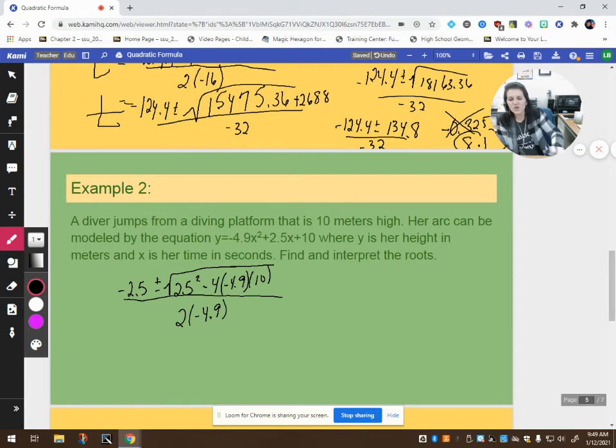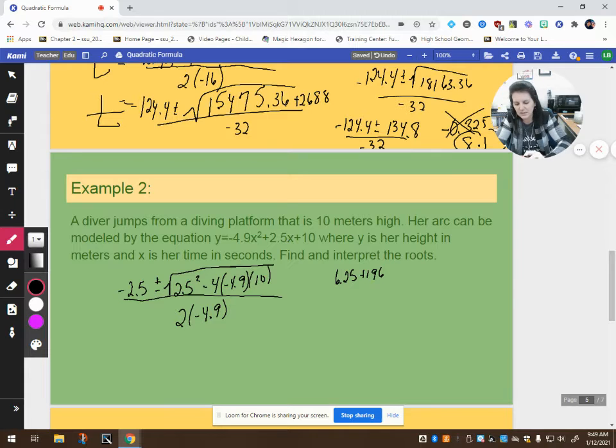So let's go ahead and solve our discriminant. What's underneath of the square root? So I'm just going to punch it into the calculator. 2.5 squared is 6.25. So I've got 6.25 minus 4 times a, negative 4.9, times 10 gives me a positive 196, so plus 196.